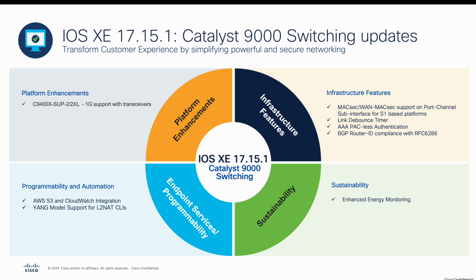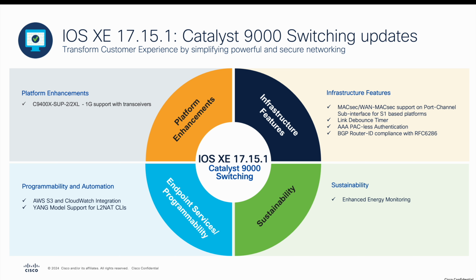Now let's get into IOS XE 17.15.1 and the latest capabilities coming with this specific release. In terms of platform enhancements, we are introducing 1 gig support with transceivers for the Catalyst 9400X series of switches, alongside various capabilities within the infrastructure features, including MACsec and WAN MACsec support on port channel subinterfaces for the Catalyst 9500X as well as 9600X.